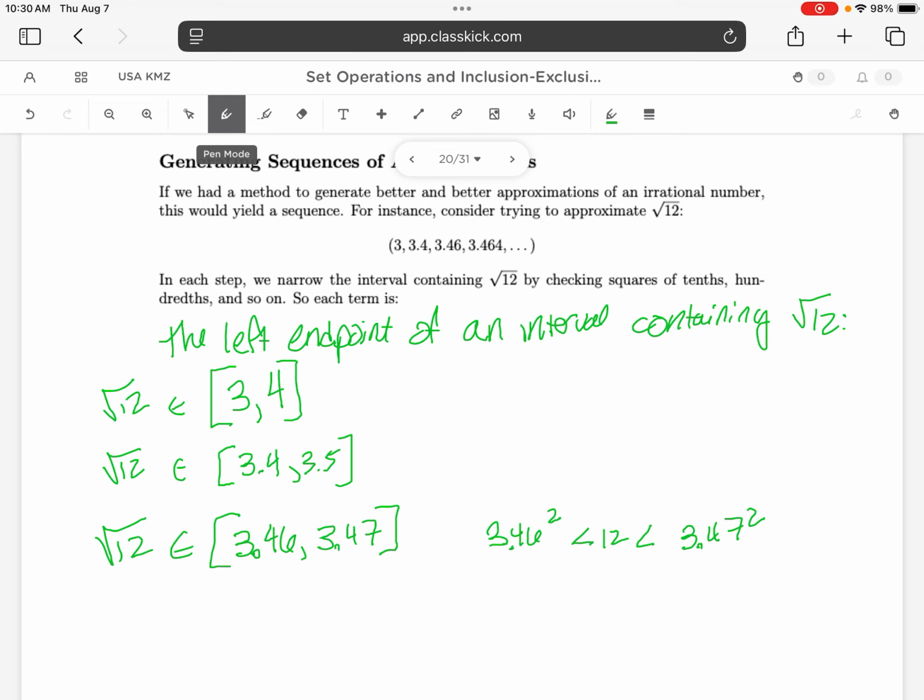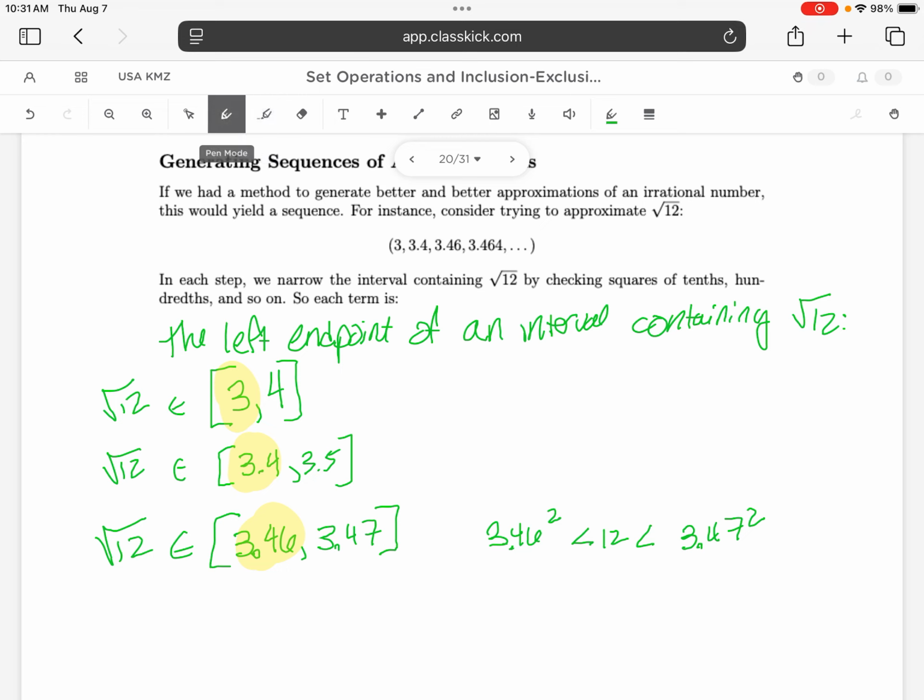So that sequence that's approximating the square root of 12 is really just the left endpoints of each of these bounding intervals. And in this case, the error bound is just going to be the length of the interval, which is going to be shrinking by a factor of 10 at each step, right?